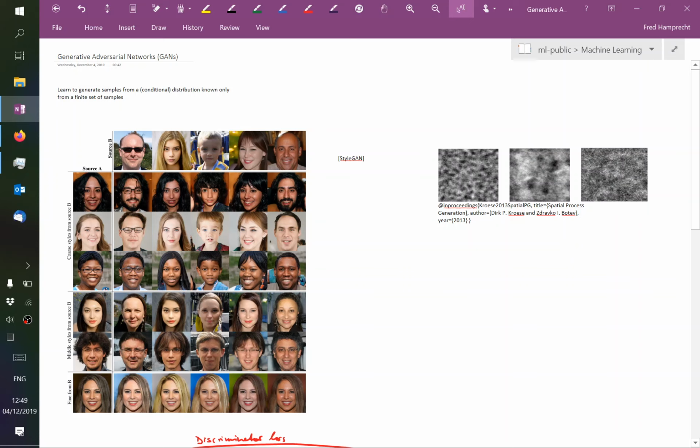And I think this contrast between right and left shows you that images are a particularly complicated class of distribution to sample from.